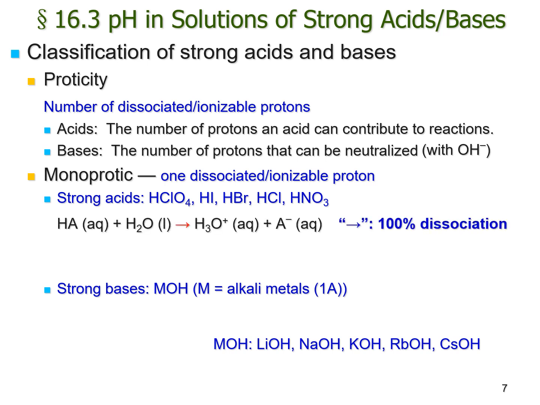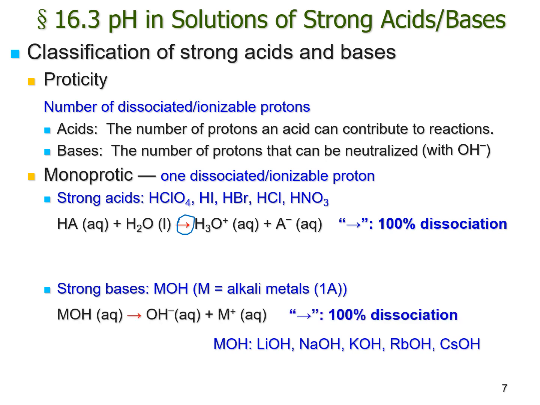All right. As for dissociation, what I'd like to point out here is it's a single arrow. Single arrow means 100% dissociation, and the same goes for the base as well.